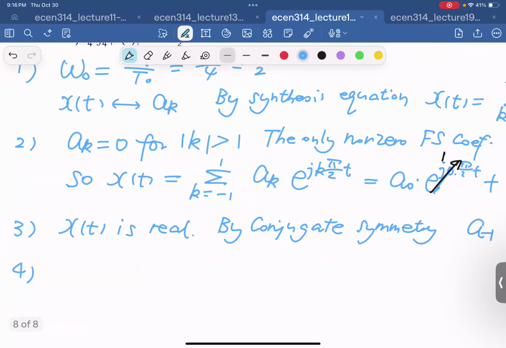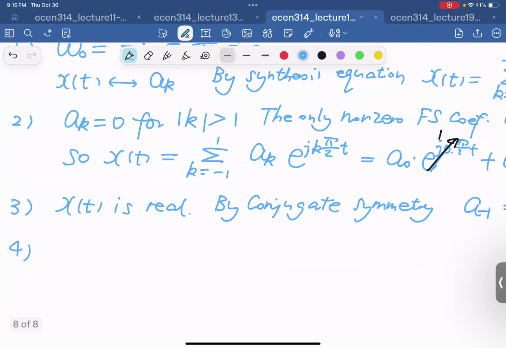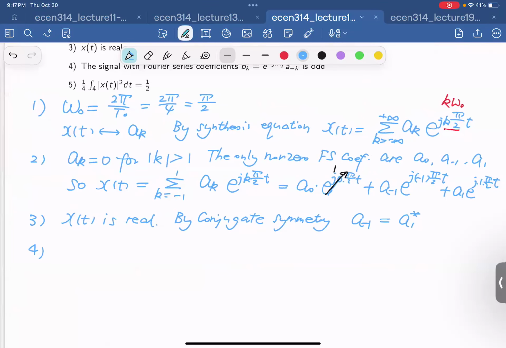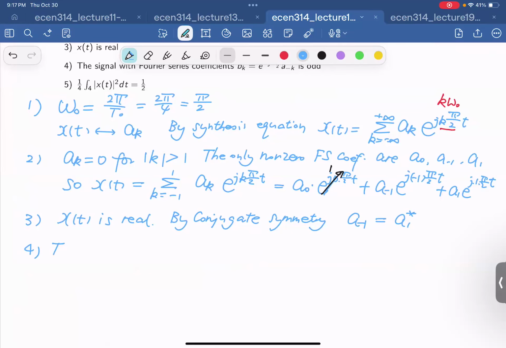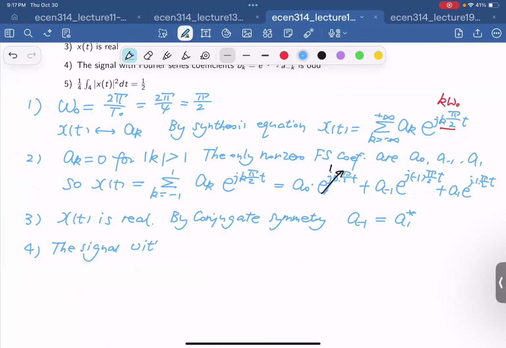Okay, so if the signal is another signal with Fourier series coefficients b sub k, which equals a phase-shifted version of a sub minus k, excuse me.